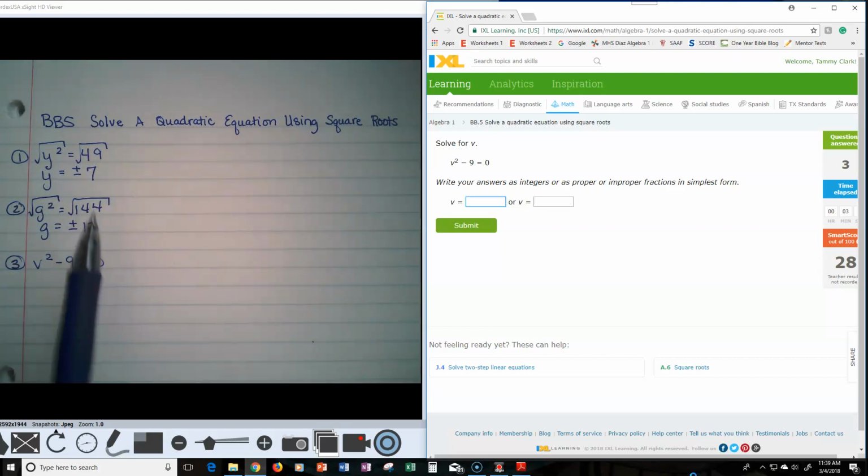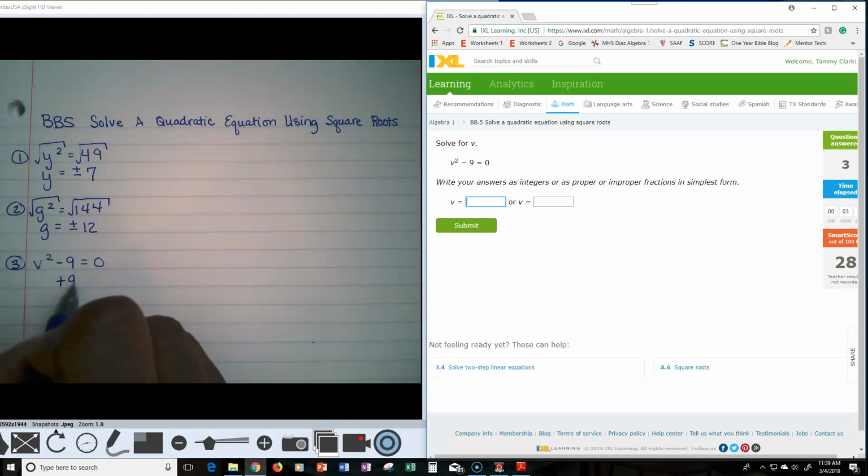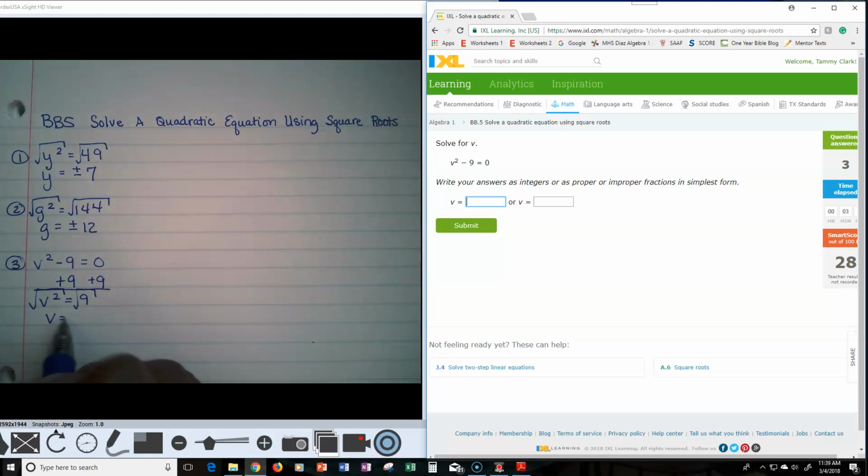You always have to make sure that your constant value is on the other side of the equal sign where the 0 is, because you're taking the square root of both sides of the equal sign. So we're going to add 9 to both sides, and we've got v squared is equal to 9. Now we can follow our process. v is equal to plus or minus 3.